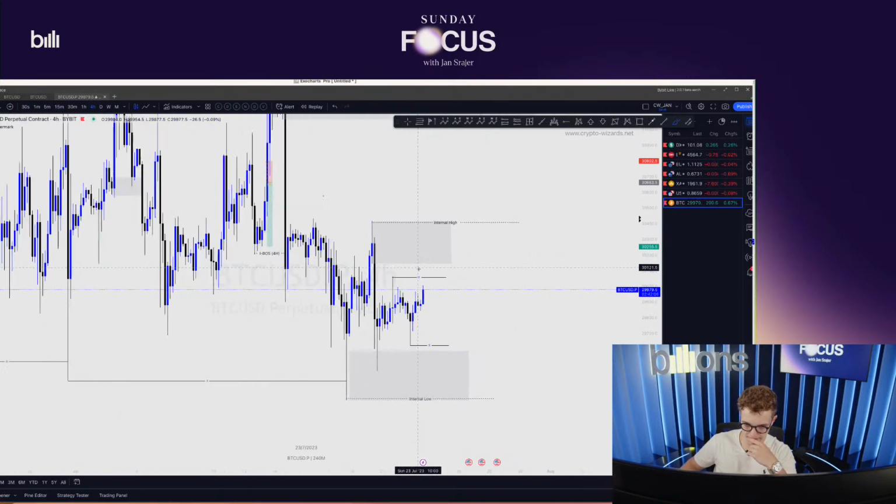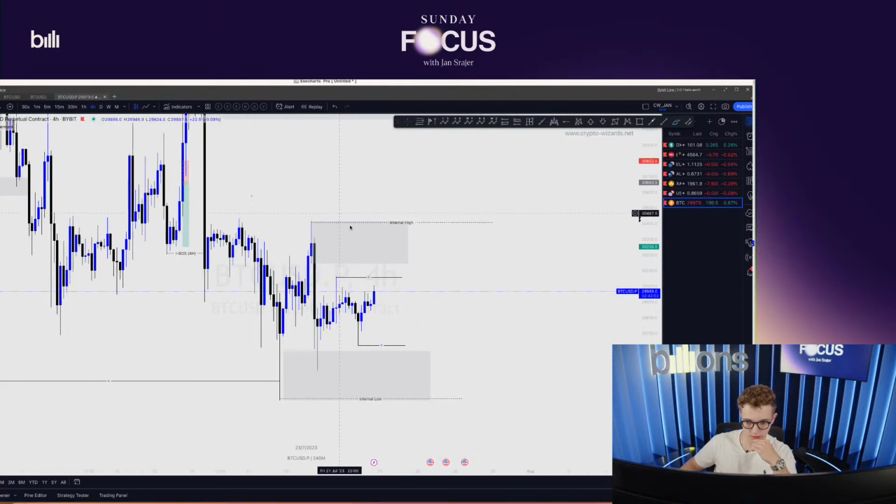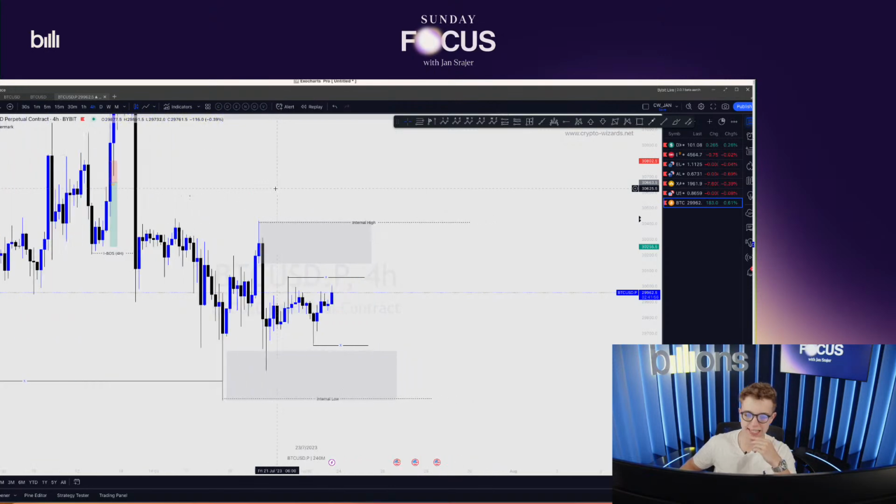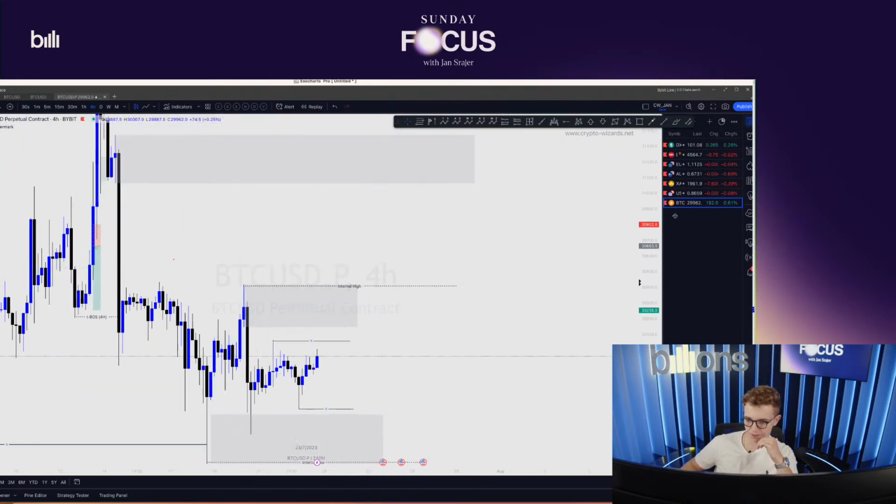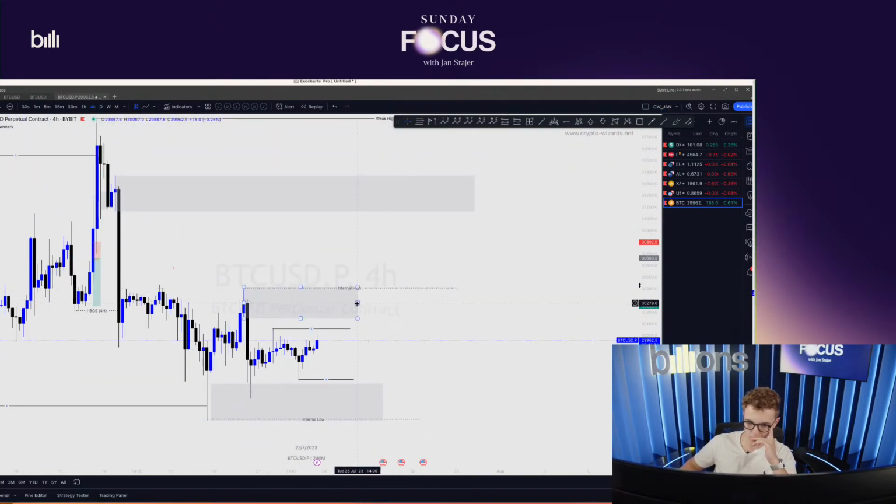Overall, for our time frame, this supply zone will be important, and this one will really decide if we're going to continue higher or lower overall. Basically, as soon as we are below this zone, it's still more bearish to me.